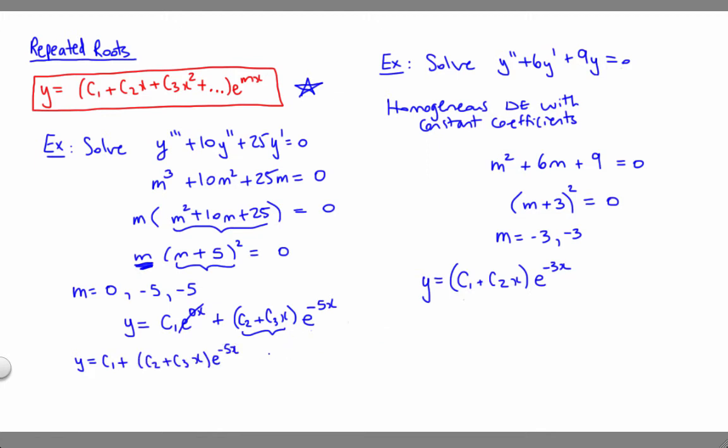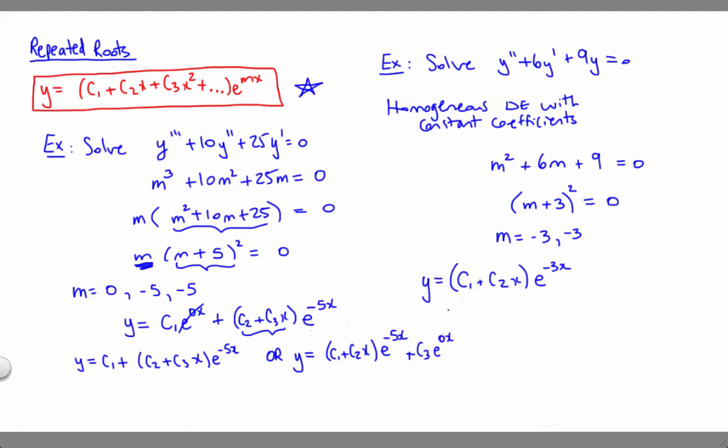And then the second thing I would point out is that there really is no convention for the order in which you write the terms. So maybe you would have found it easier to deal with the repeated root first. We could have said c1 plus c2x times e to the -5x. So that deals with the -5s. And then we'd move over to the root 0 and we'd say plus c3 e to the 0x.